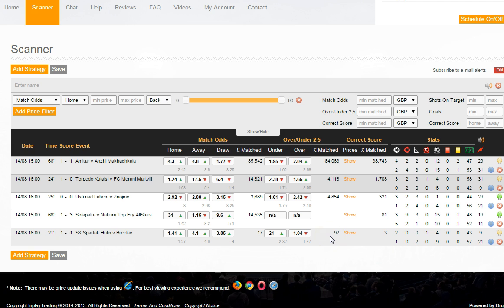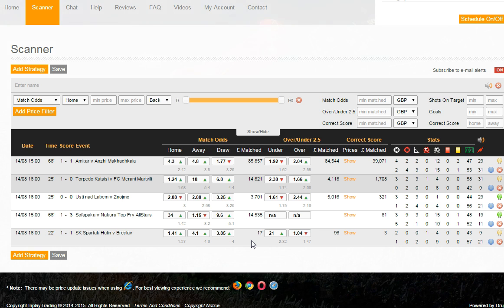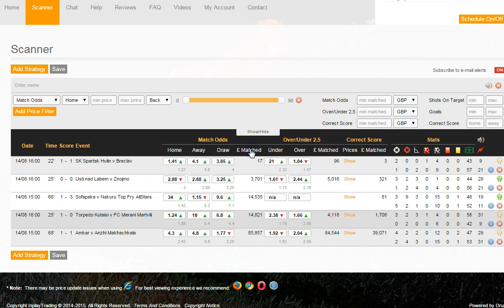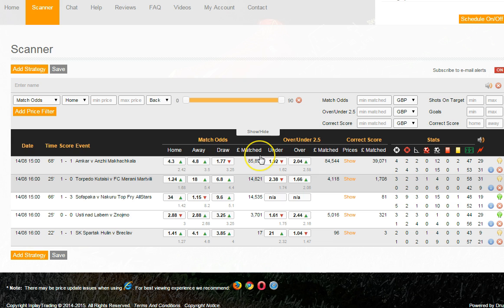So even if we call it right based on the stats, chances are we're not going to be able to get traded out anyway, and as we wait to trade out, that trade could go against us and we could turn a winning trade into a losing trade purely because there's no liquidity in here. So again, we've got guidelines on what sort of liquidity and volumes to look for, and we can sort those games.